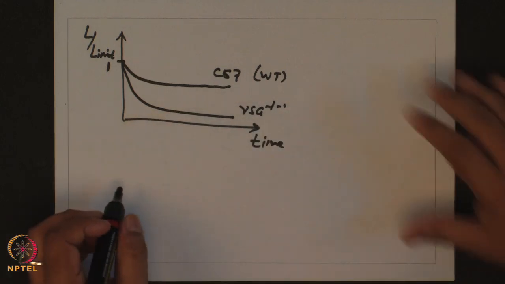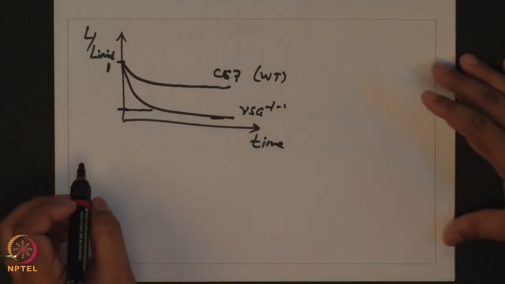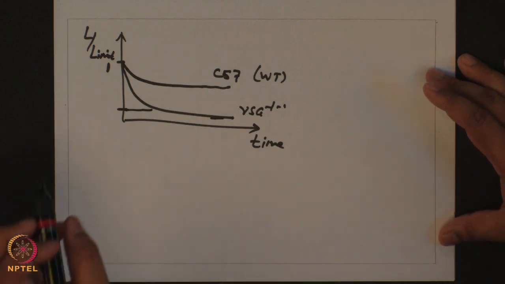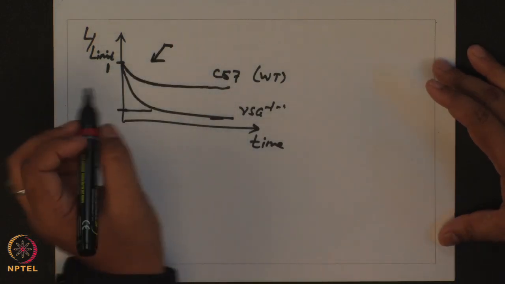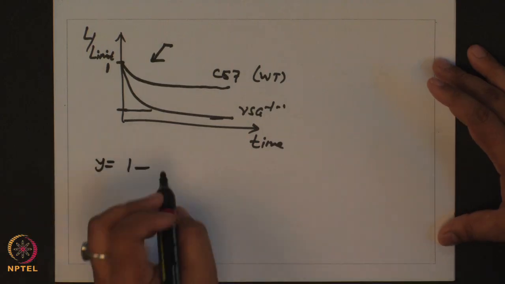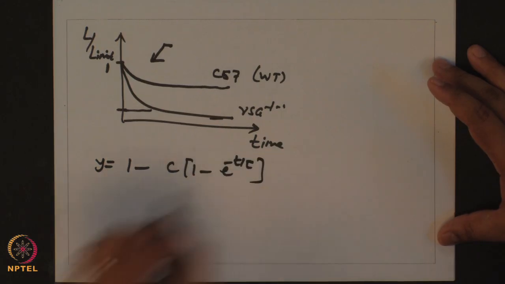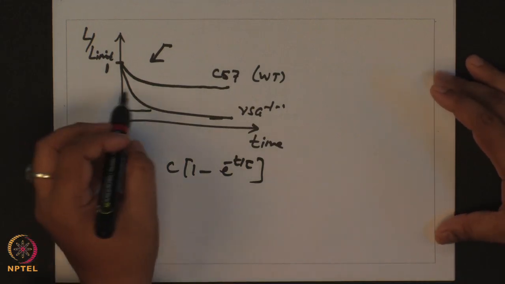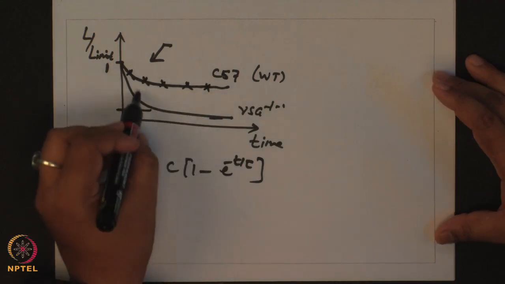Okay. So, since this is the final saturation point, what you can do is fit these curves using an expression, let us say y equal to 1 minus c into 1 minus e to the power minus t by tau. These are your actual experimental points.